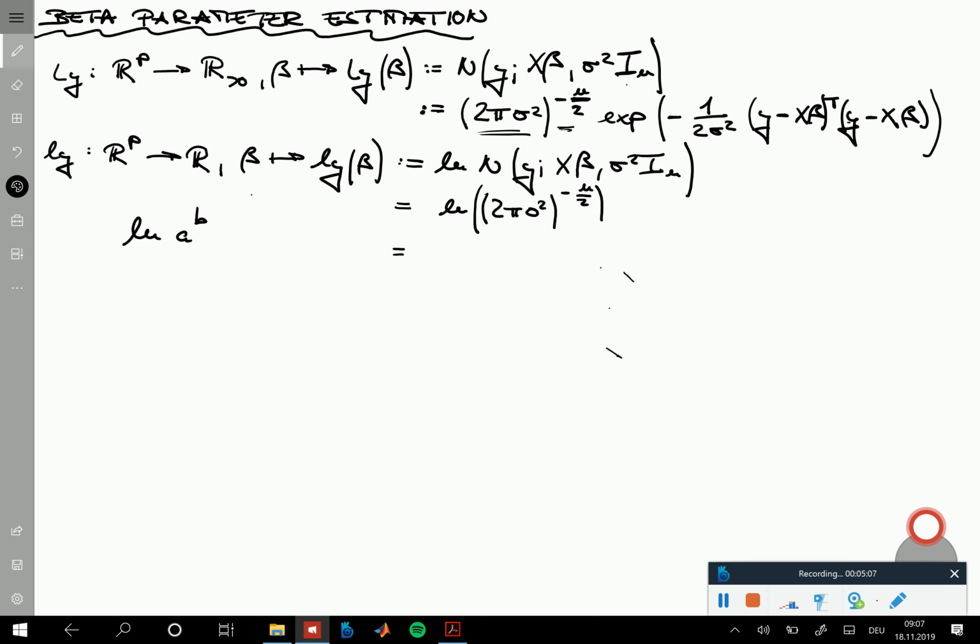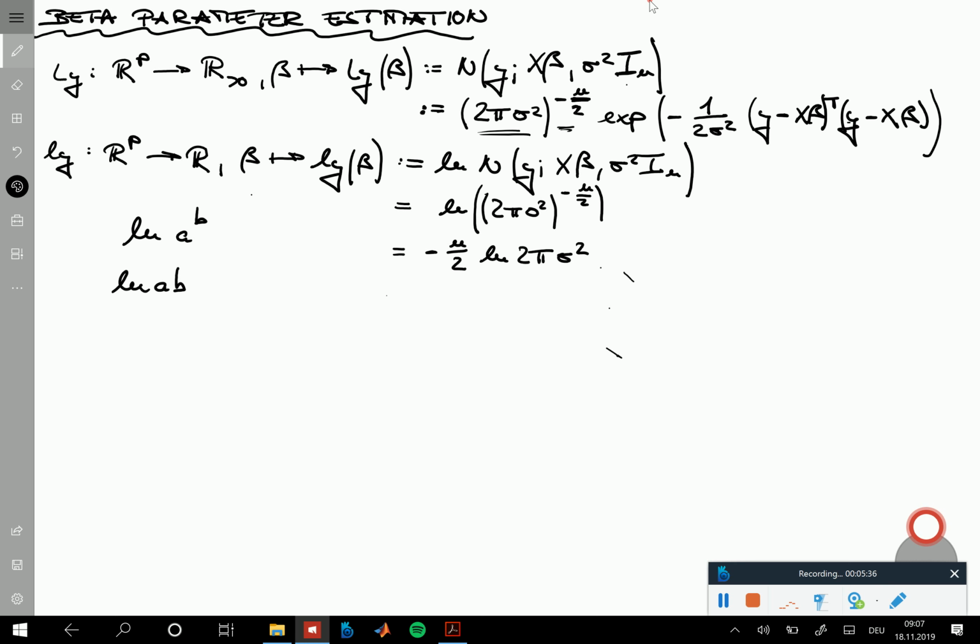So you get here minus n half times log 2 pi sigma square. And what can you do with logs of products? So if you have log a times b, what do you get? Plus what? Exactly.